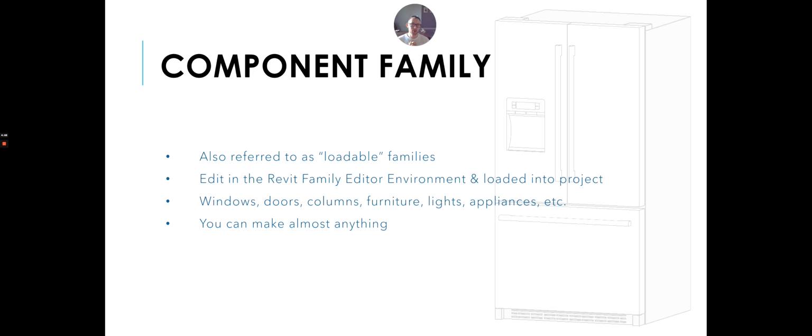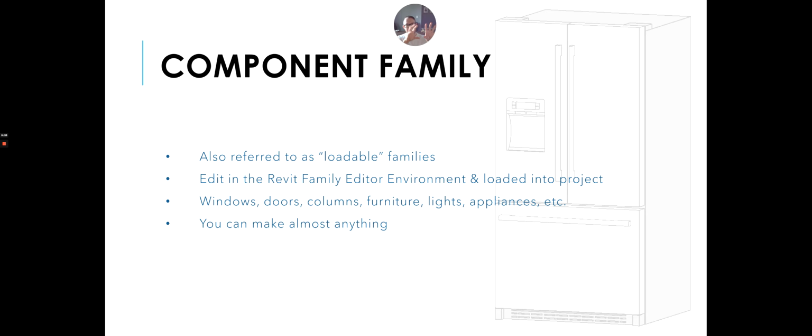For instance, a title block is a loadable family, so that might be something we're definitely going to edit. So that editing takes place in another area of Revit. And it looks almost exactly like the project environment. You just have different commands up in the ribbon that allow you to create different parts of a family.